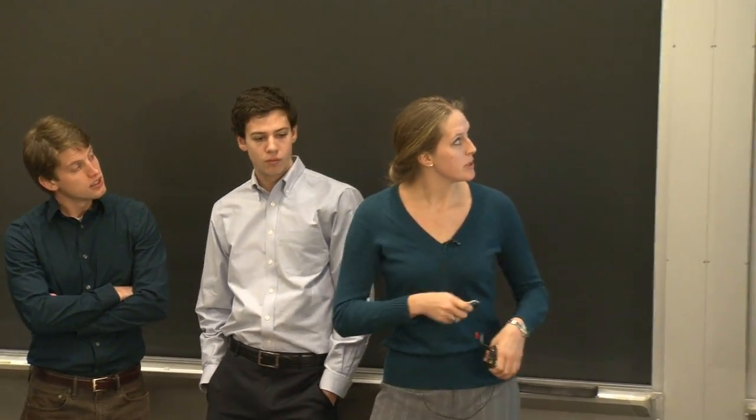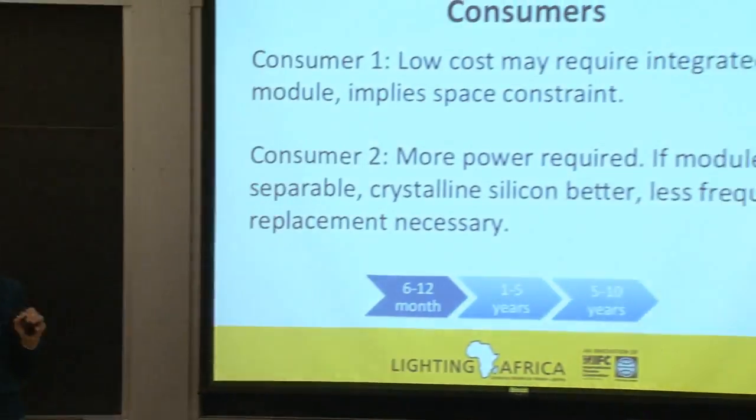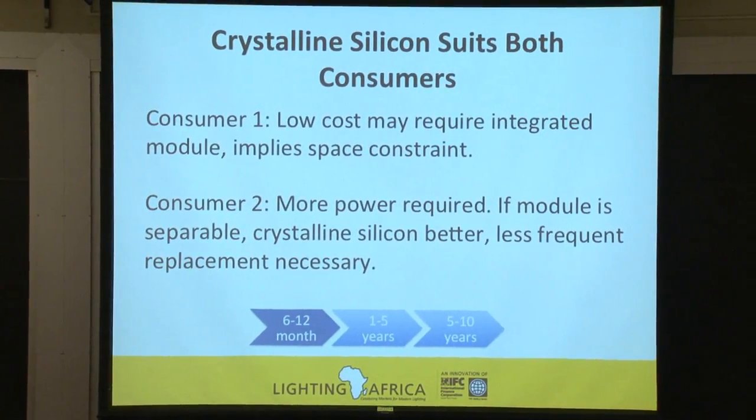That is, a person could buy a solar portable lantern, which would only last 3 to 5 years, and later replace the SPL, replace the LED and the battery, but still use the same photovoltaic module. So for both low cost and high performance seeking consumers, crystalline silicon presents a better solution.